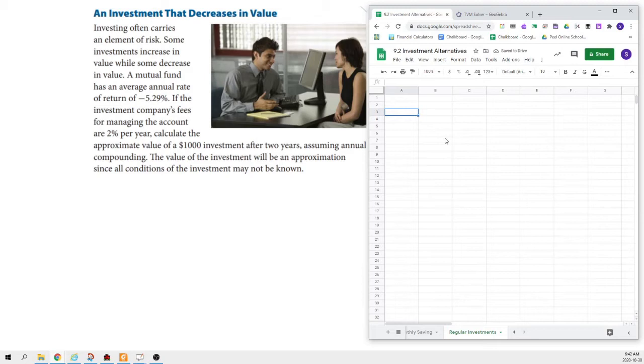So if we want to use a spreadsheet to do the same thing, we put 2 years. We're going to multiply each year by minus 7.29 as a decimal.